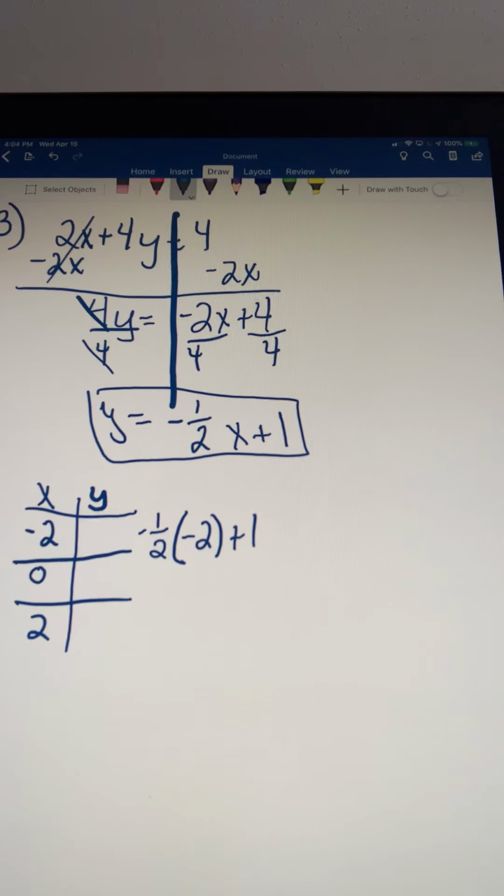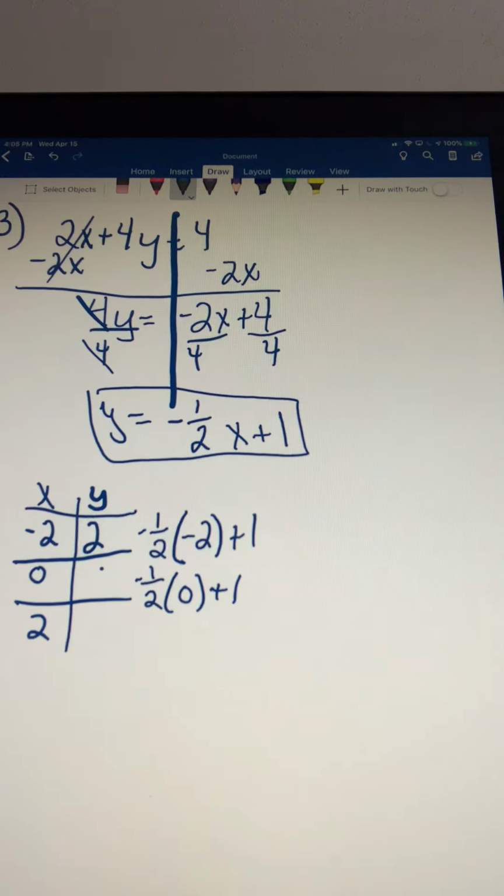Now, if you have a calculator, use it, or we use our mental math. Negative 1/2 times negative 2 is positive 2 over 2, which gives you 1. 1 plus 1 equals 2. We like 0, so negative 1/2 times 0 plus 1. Well, anything times 0 is 0.